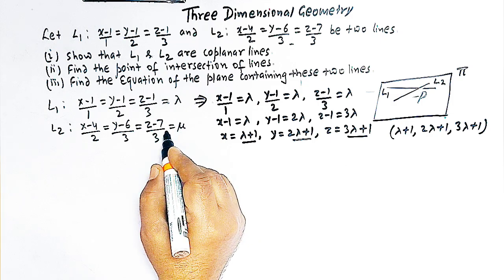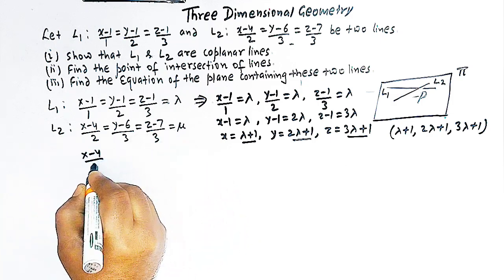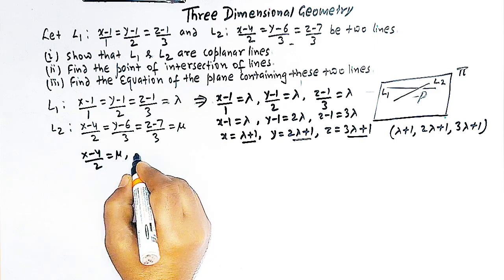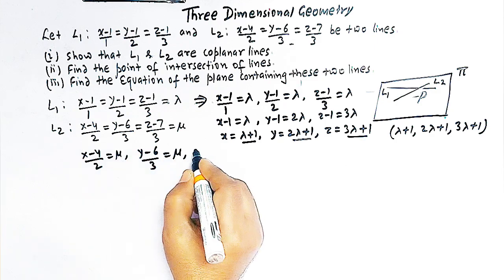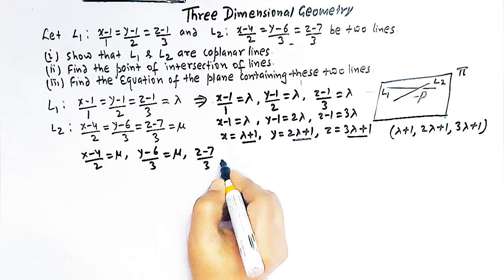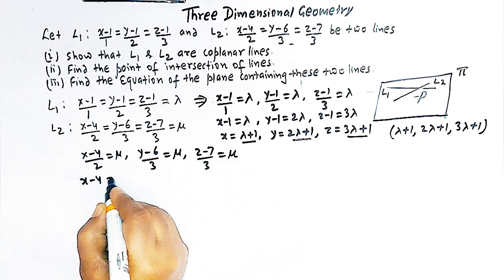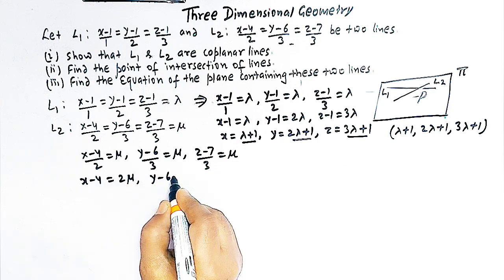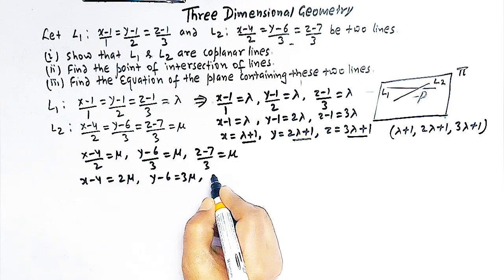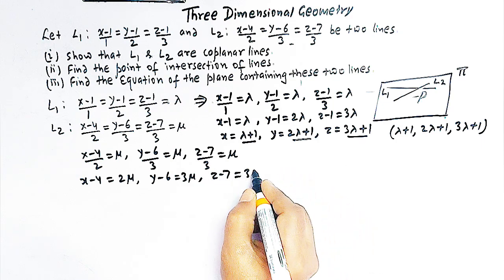Similarly, from this equation we can write x minus 4 over 2 is equal to mu, y minus 6 over 3 is equal to mu, z minus 7 over 3 is equal to mu. So from here we have x minus 4 is equal to 2 mu, y minus 6 is equal to 3 mu, and z minus 7 is equal to 3 mu.